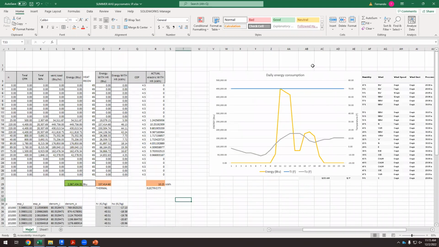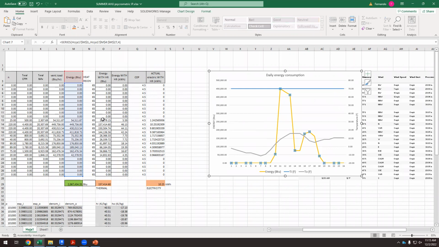And then we need the graphic. Oh, the graphic, sorry, this is just the energy without the heat recovery. I think we're going to need the information with heat recoveries.